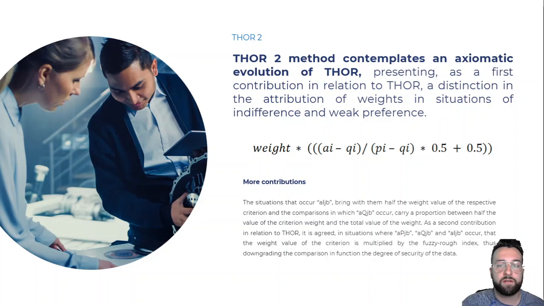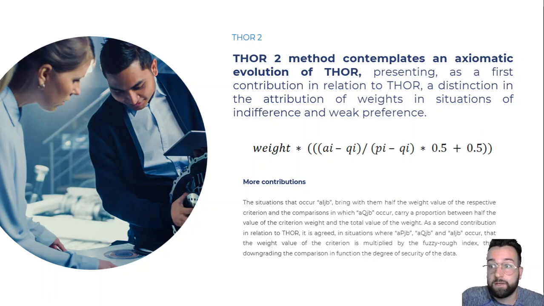The situations that occur in AIJB bring half of the weight value of the respective criterion, and the comparisons in which AKJB occur carry a proportion between half of the criterion weight value and the total value of the weight. The equation is described here in this presentation.